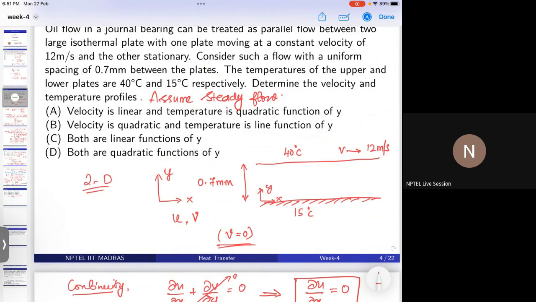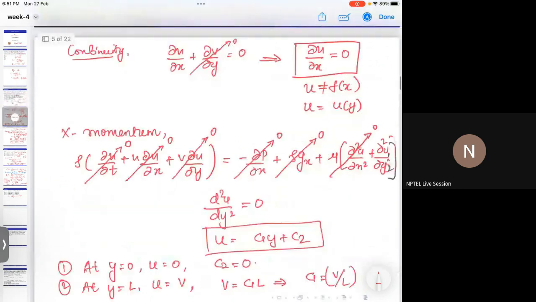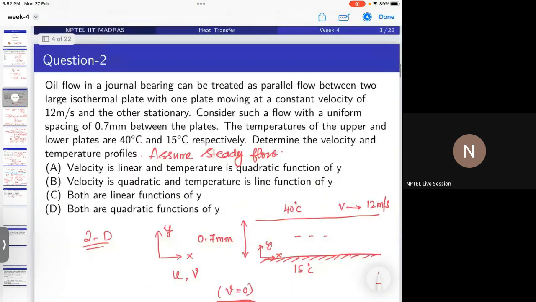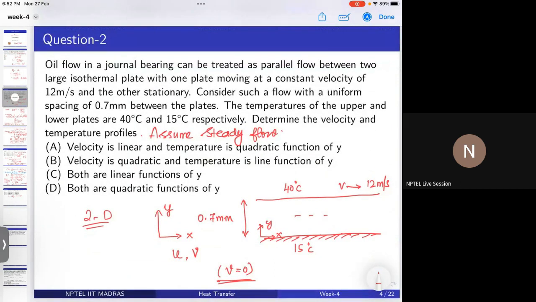If you fix the coordinate at the middle, u may not be zero at y equal to zero, right? It will make the calculation more intensive, but you will finally arrive at almost the same linear velocity profile. So you should fix the origin very carefully.